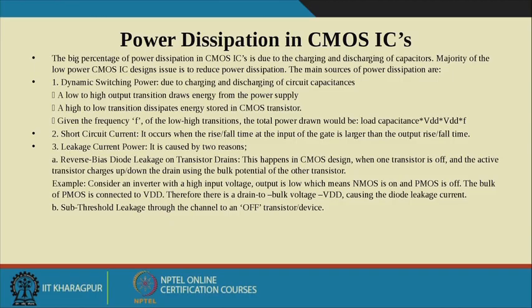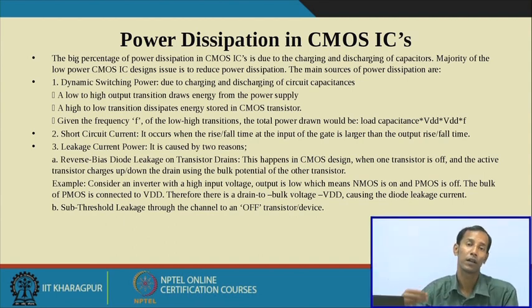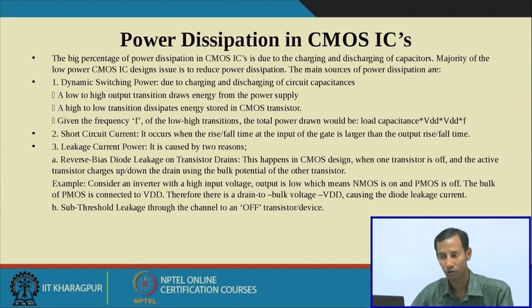You will get much more detailed information about power calculation using the PrimeTime power analysis tool. Then there is another power dissipation, which is short circuit current. And then leakage power, which is caused by two reasons.